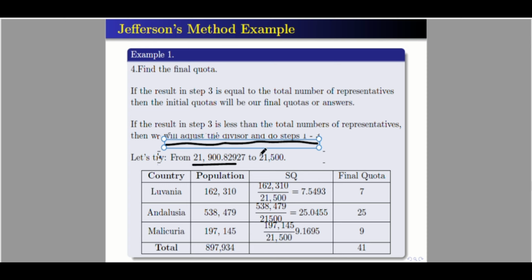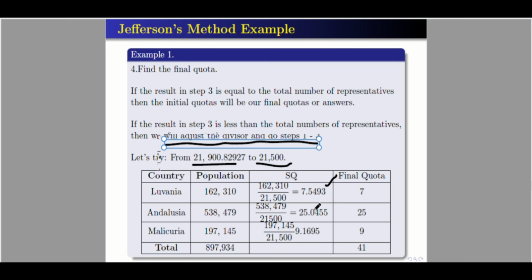Since this is our step 1 already, this is the adjusted one. So let's now go to step number 2, the standard quota. The population 162,310 divided by our new divisor 21,500. So we have this value.